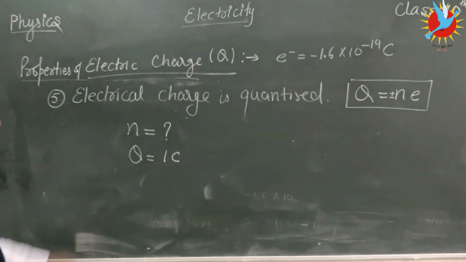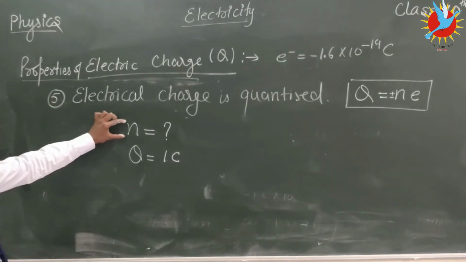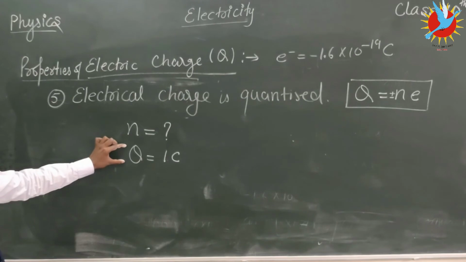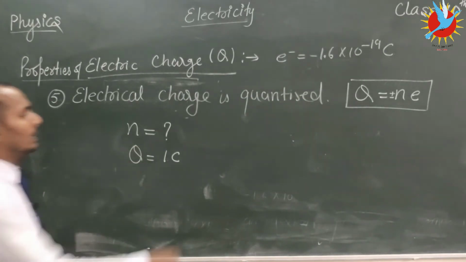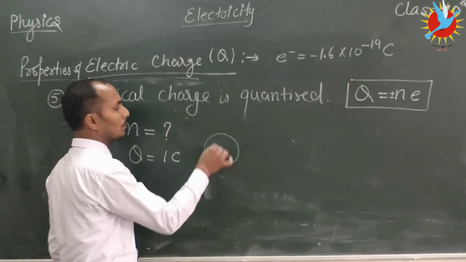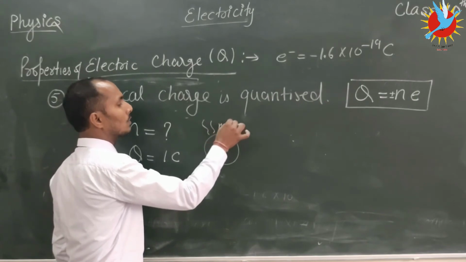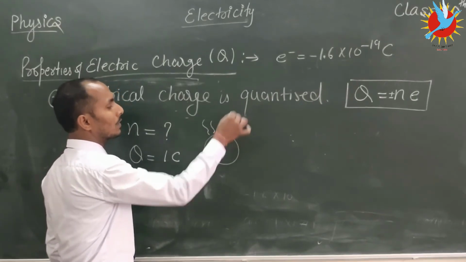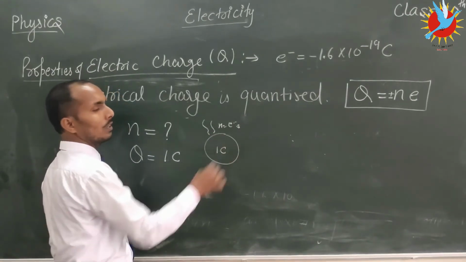The question says this is a body, and how many electrons do we need to develop 1 coulomb charge?